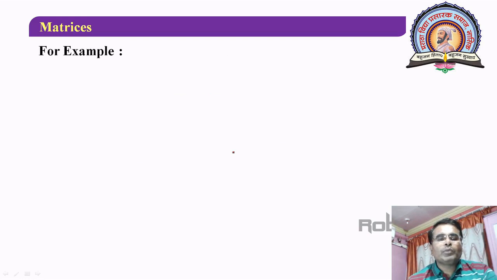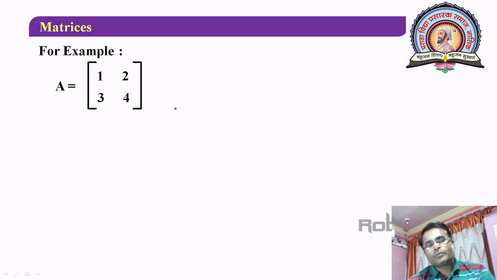Now, with an example we will get it clear. Suppose we consider the matrix A consisting of elements 1, 2 in the first row and 3, 4 in the second row. We have seen that for the existence of the inverse, two things are important.